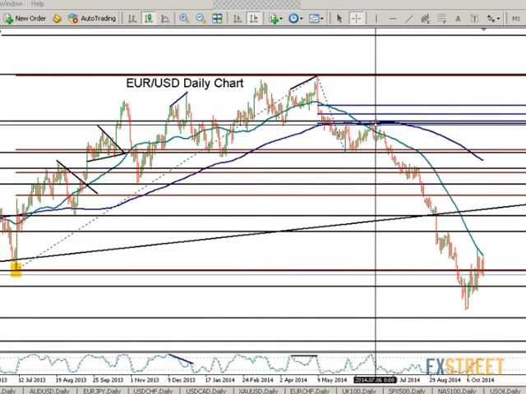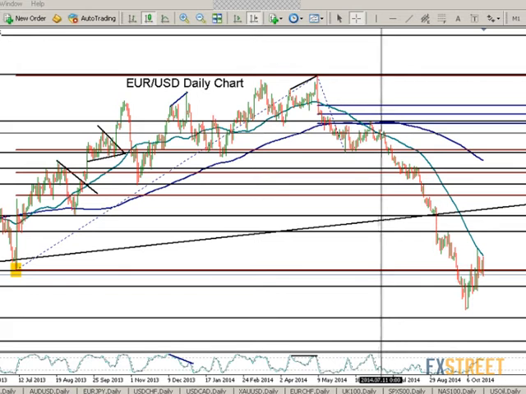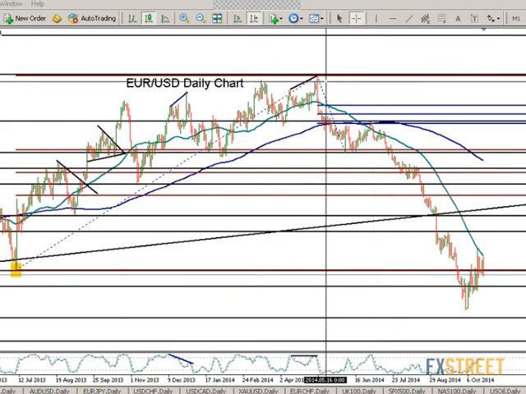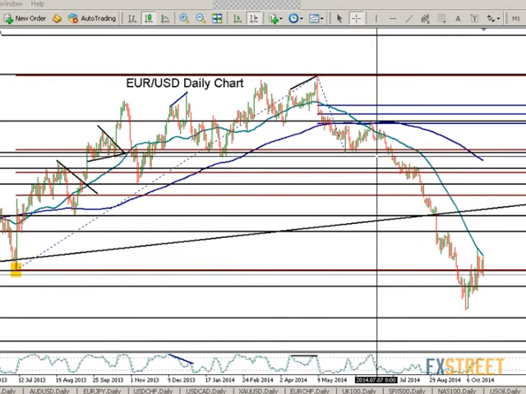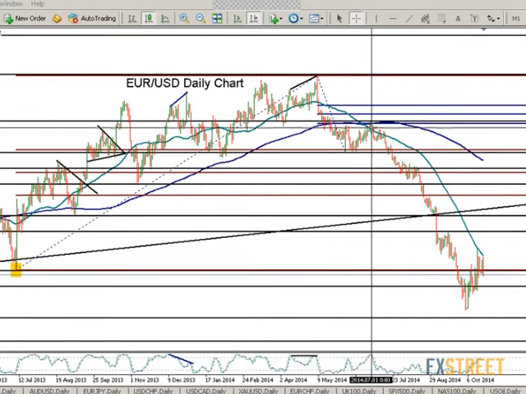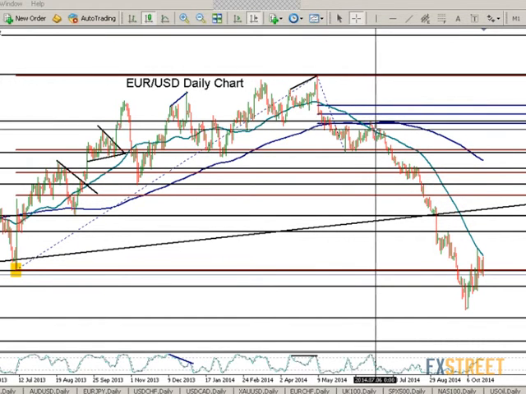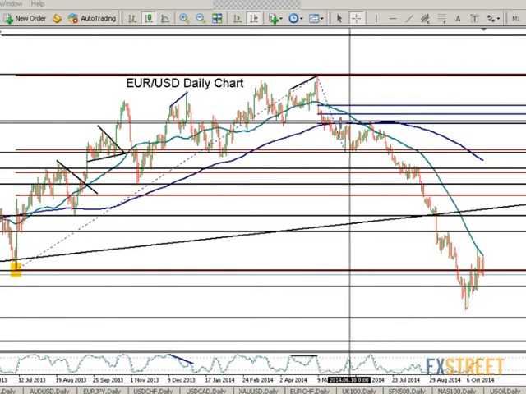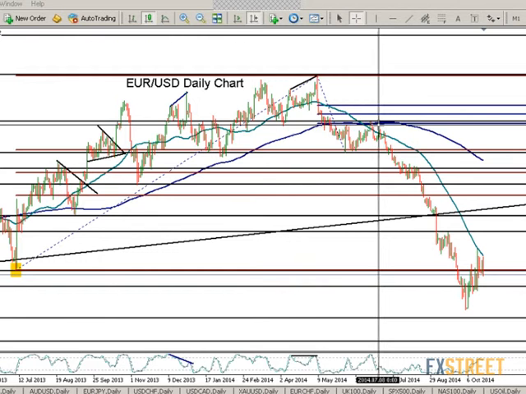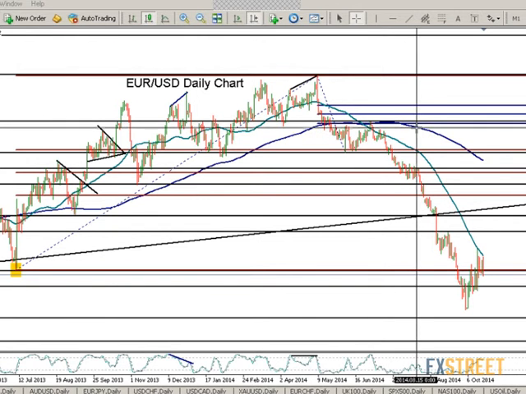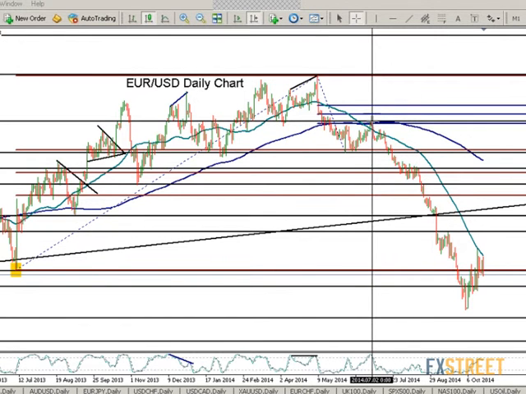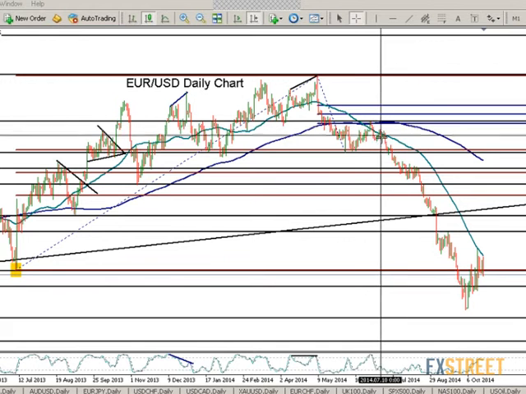Then it moves to the upside to 137, and if you measure this, this is also the 38% Fibonacci retracement. It's also the 137 resistance level, prior support becomes resistance. It's also where the 200-day moving average was. So that's a confluence of resistance right there. And then from there, it turns to the downside.